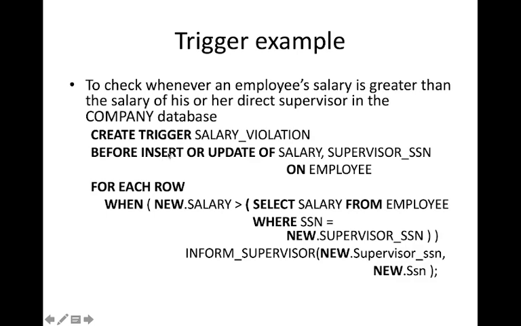When we insert something or update the salary or super SSN on employee, and what should be done for each row: when new dot salary is greater than the salary selected from employee where SSN equals new super SSN, inform supervisor. We will see what this inform supervisor is. Inform supervisor, new. This is also a stored procedure.